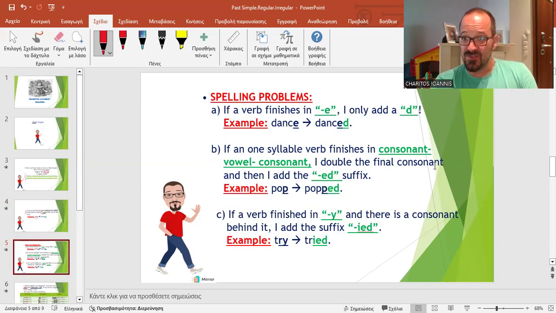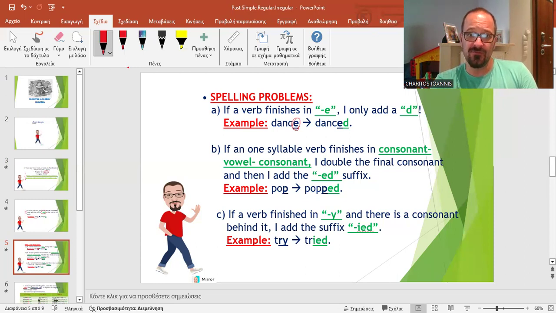However, that ed thing that we add sometimes causes problems, and specifically spelling problems. Let's check them out. So if a verb finishes in e, like dance, yes, I only add a d, obviously. So dance, danced, right?